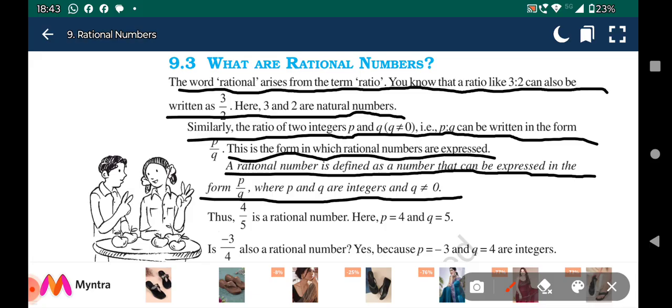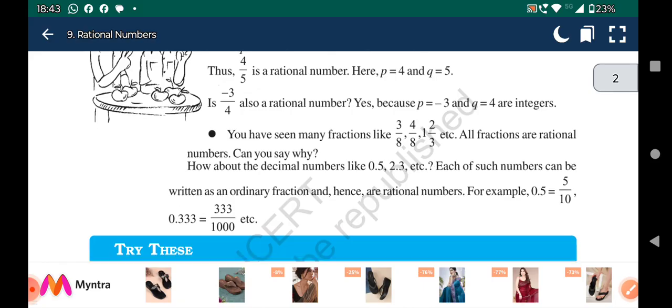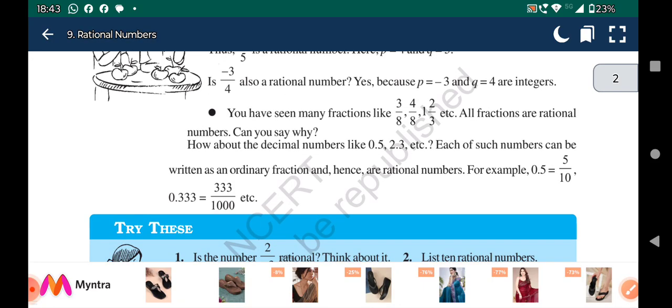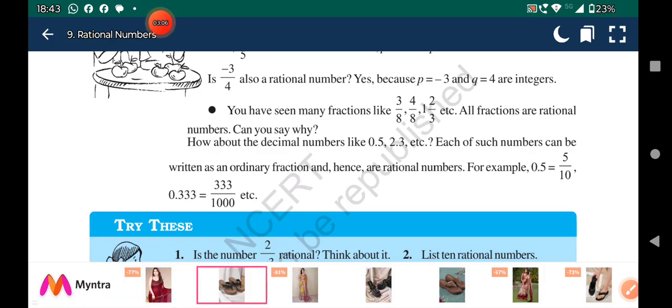Thus, 4 by 5 is a rational number. Here, p equals 4 and q equals 5. Is minus 3 by 4 also a rational number? Yes, because p equals minus 3 and q equals 4 are integers. You have seen many fractions like 3 by 8, 4 by 8, 1 whole 2 by 3, etc. All fractions are rational numbers.